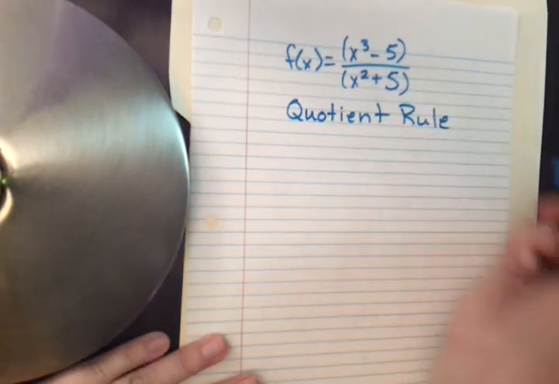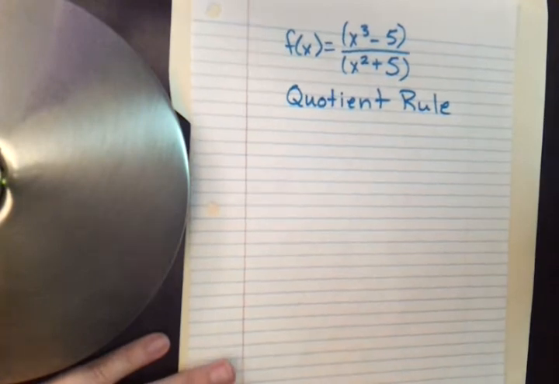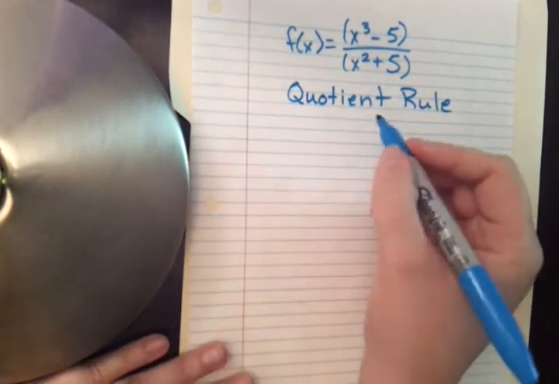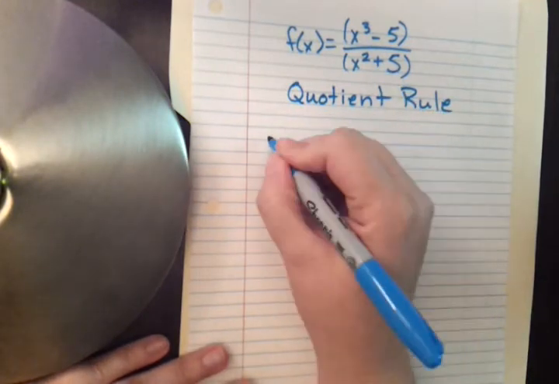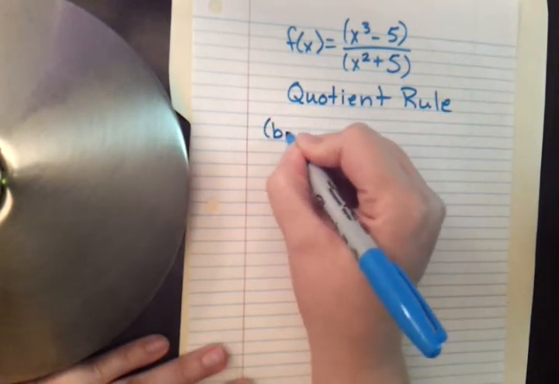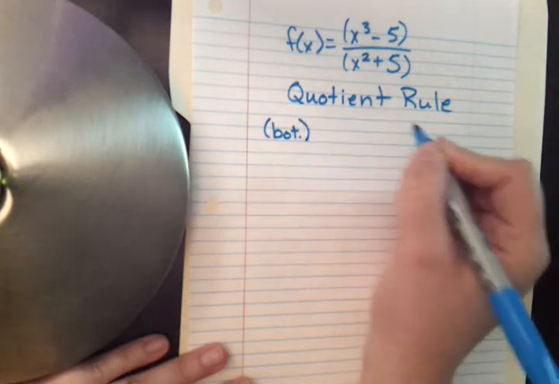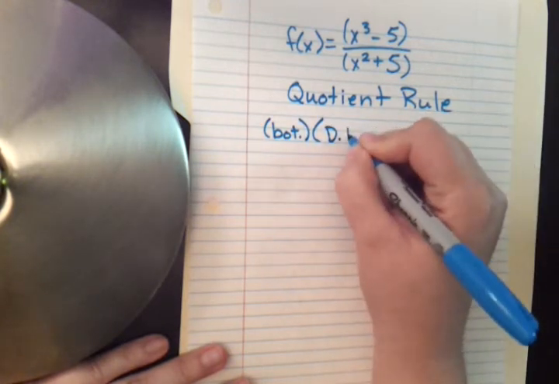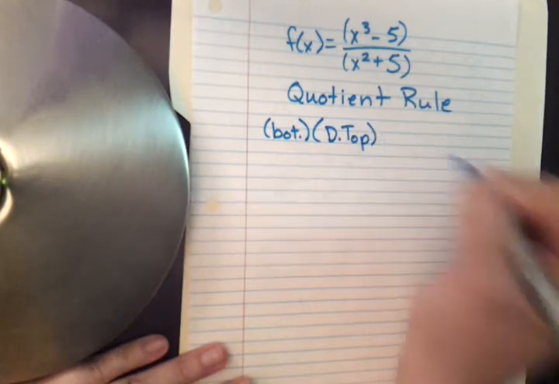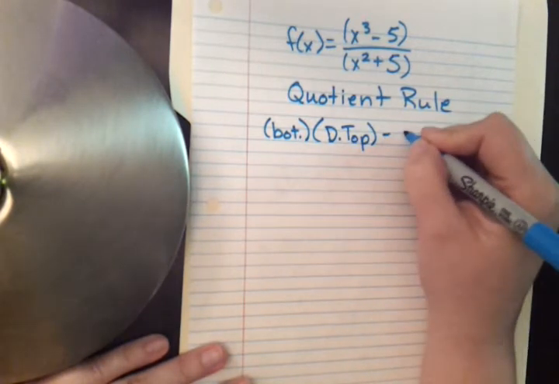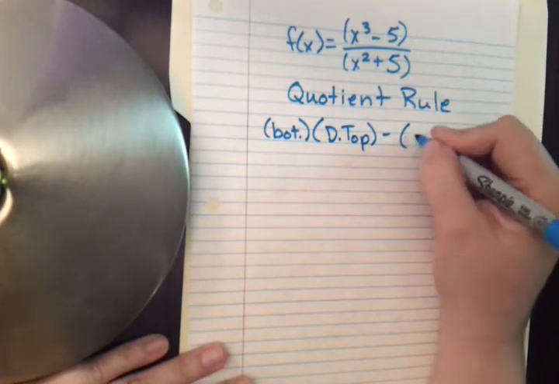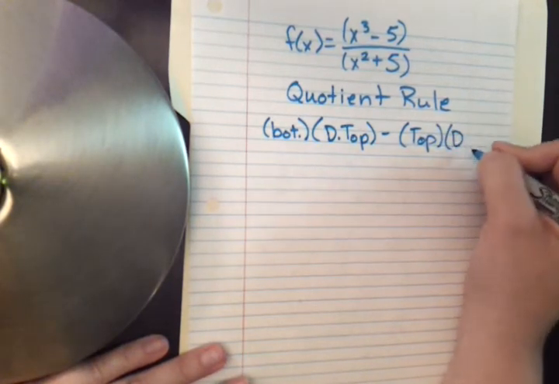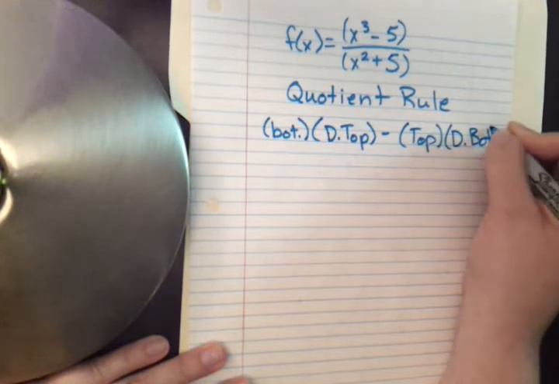The way that I remember the quotient rule, well, first let's write it out in its appropriate terms. The quotient rule is you take the function on the bottom and multiply it by the derivative of the function on top. Then you subtract from that the function on top times the derivative of the function on the bottom.